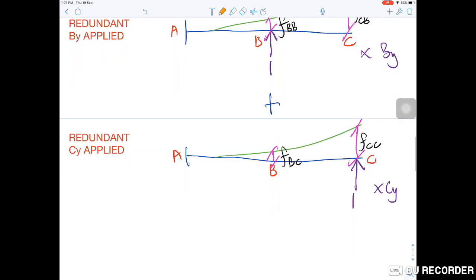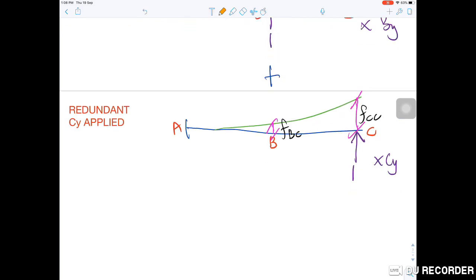And the last one, for redundant CY applied, at position B, due to a unit value of CY, it is FBC, because the first notation is used for the position and the second notation is used for the type of redundant. And at position C, it is FCC. Remember that F represents displacement since the redundant is a force.